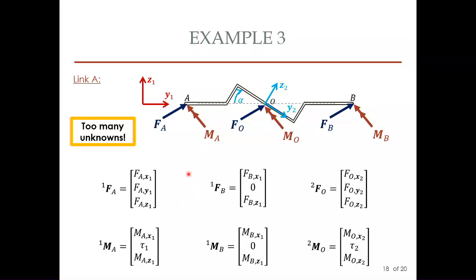Overall, you start from 12, and then you have 2 degrees of freedom, so from 12 minus 2, you need to remain with 10 constraint components.